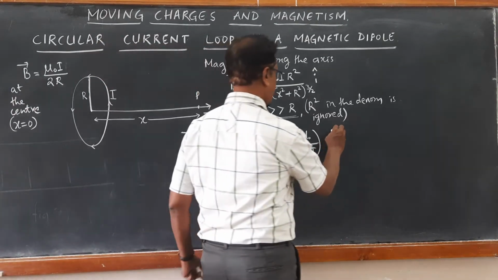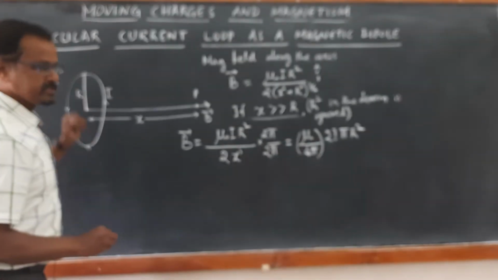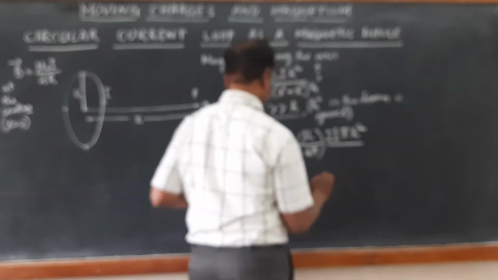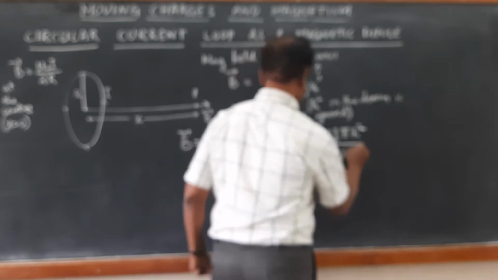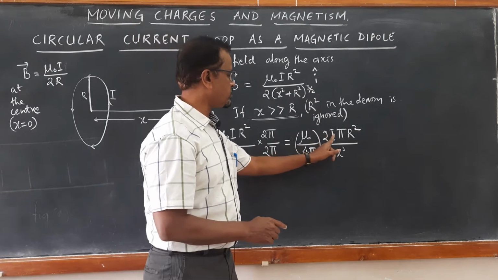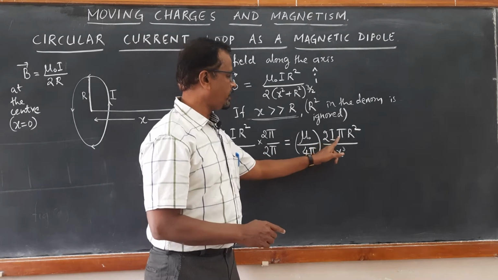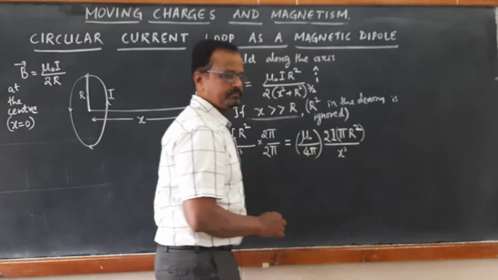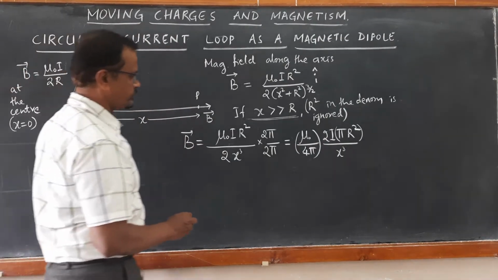So we get I into 2 pi r square, 2I into pi r square, and pi r square gives you the area of this circular loop. In the denominator you are left with x cube, because 2 twos are 4, so you are left with 4 pi. That is how we get mu naught by 4 pi into 2I pi r square by x cube.